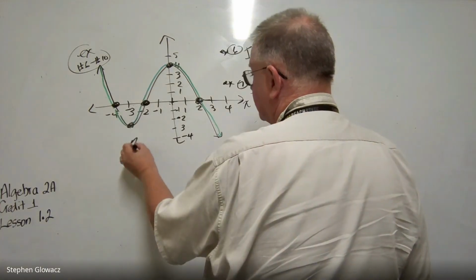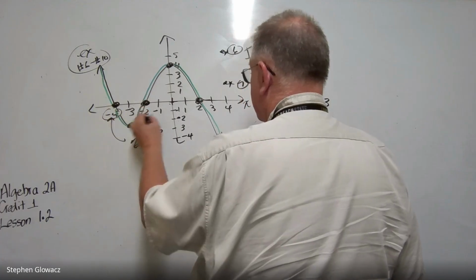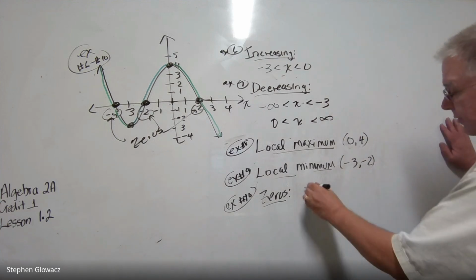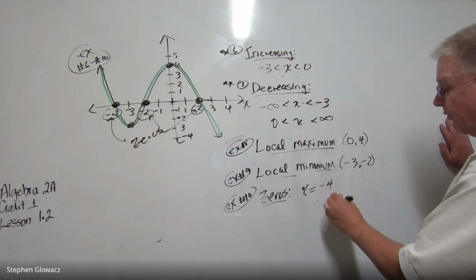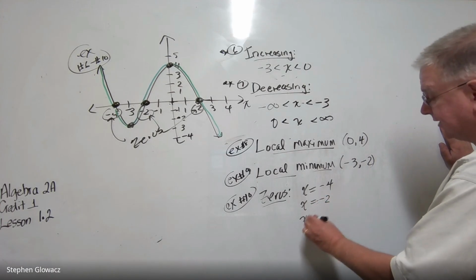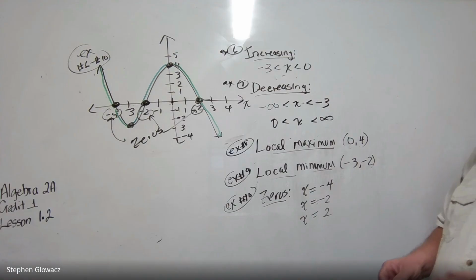So our zeros would be at -4, -2, and +2. So we would say x equals -4, x equals -2, and x equals +2. And that is it. All right, so those are the examples.